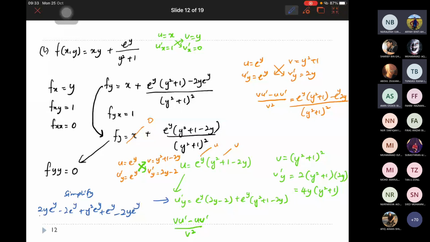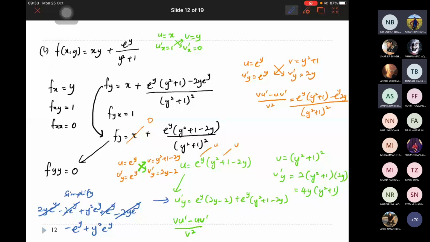So yang ini boleh dihapuskan. So dia akan tinggal, yang ini pula boleh difaktorkan. 2 exponential y, okey, 2 exponential y ni hapuskan jadi negative exponential y plus y squared exponential y.